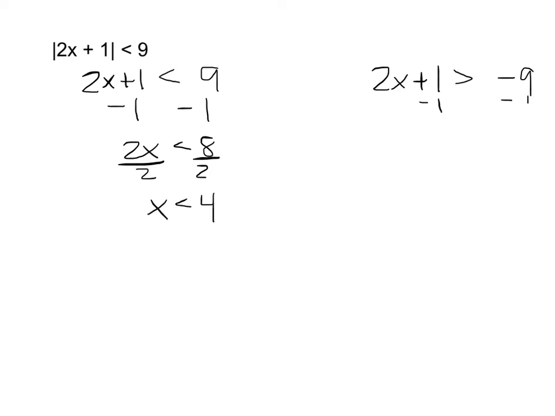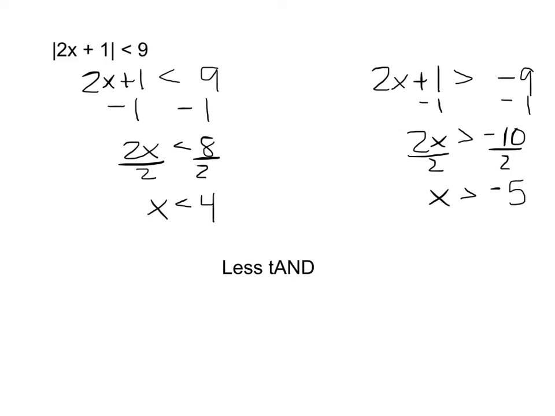Over here, I'm going to do essentially the exact same steps. Subtract 1, divide by 2. x is greater than negative 5. This is a less than symbol. So you might want to think "less than." That might help you.